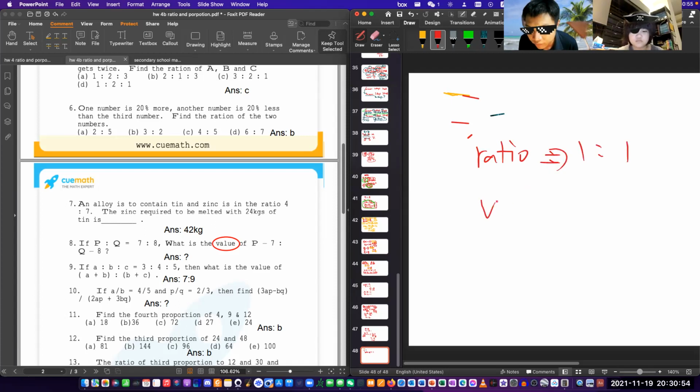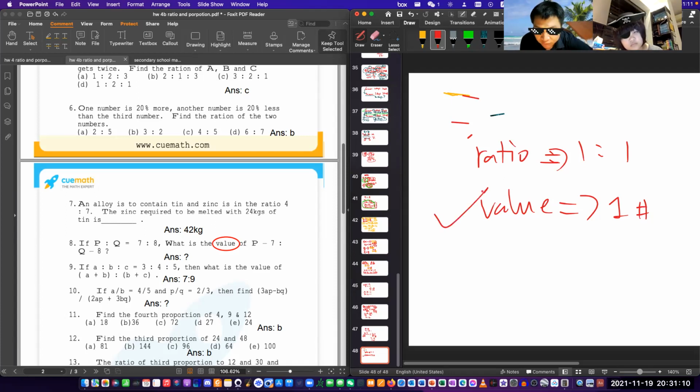If they ask for the value, it's 1. So please differentiate. Please be very cautious what they want. They're asking for value, so it's 1. If they're asking for ratio, it's 1 to 1.